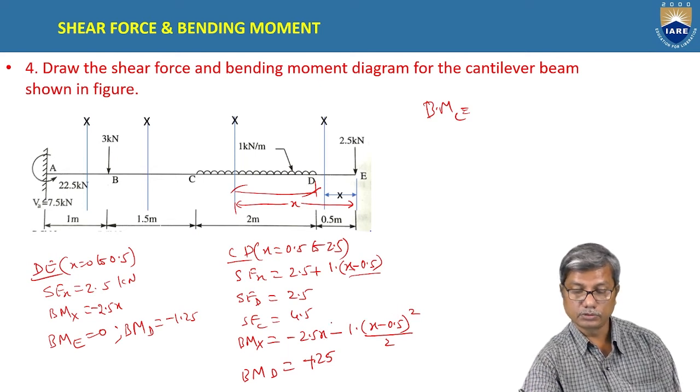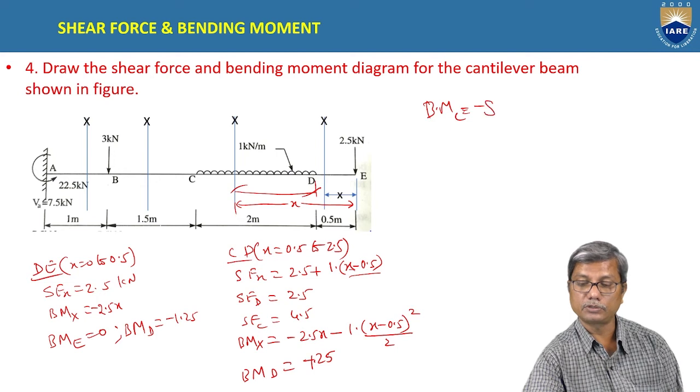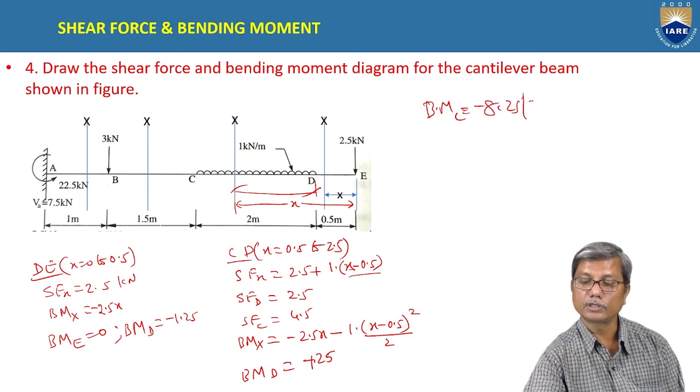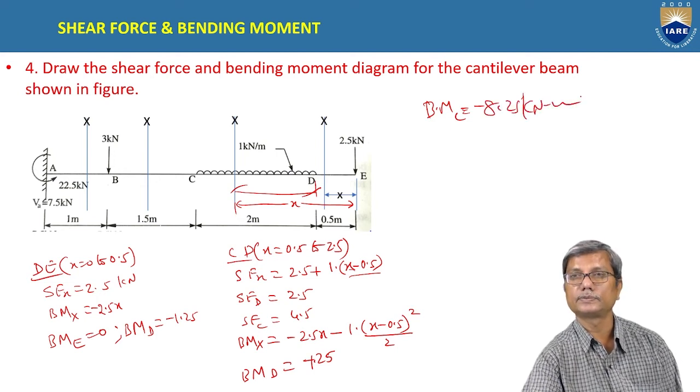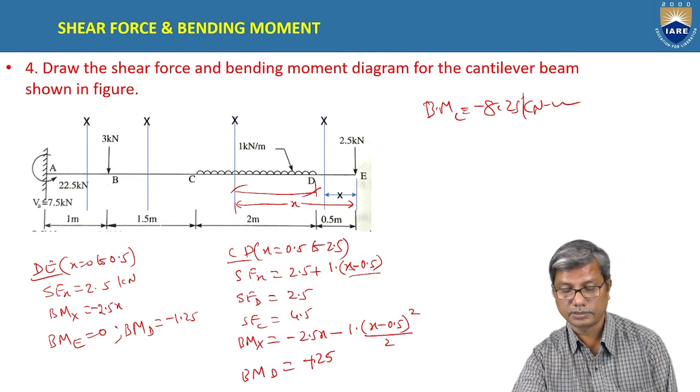And at X equal to 2.5, it is 6.25 minus 6.25 minus 2, that is minus 8.25 kilonewton meters.